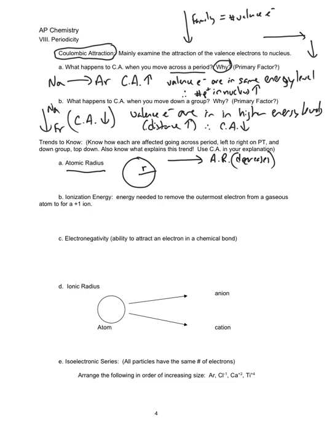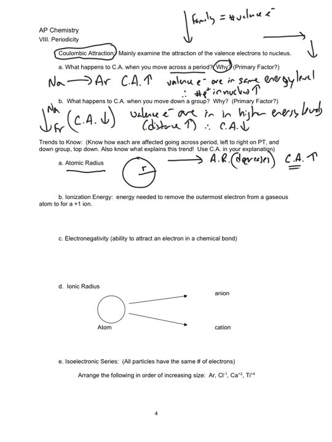Atoms get smaller when we go across a period. And that's because if you're asked to explain or justify, you're going to say the Coulombic attraction increases because the nuclear charge has increased while the valence electrons are in the same energy level. That's exactly the wording you want to use.